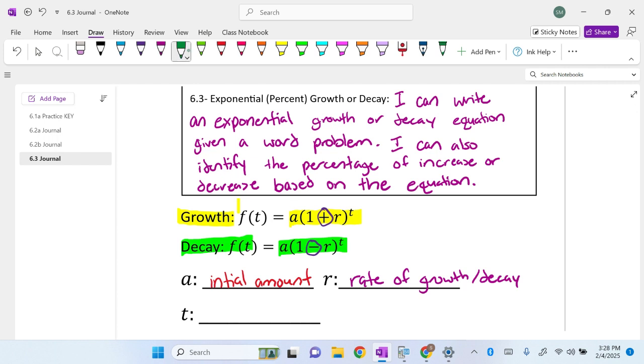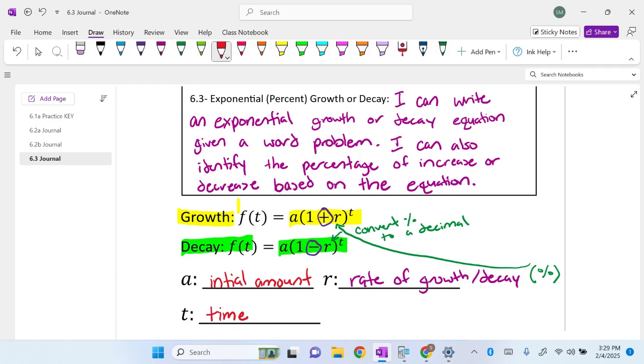Now, in word problems, they will typically give this to you as a percentage. But when you plug it in for the r value, you have to convert the percent to a decimal. Make sure you convert that percent to a decimal for either of these r's. And then lastly, we have our t value. And t, as we know for most of these, usually means time. So how much time has passed?